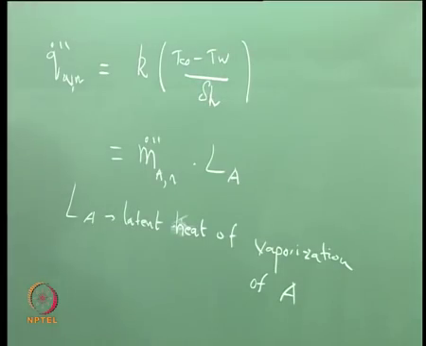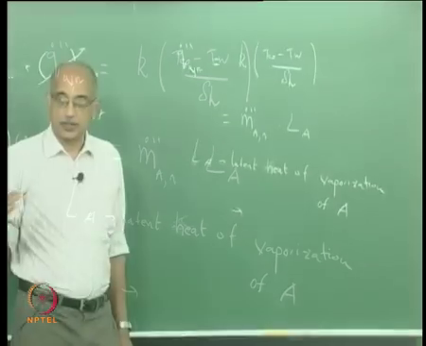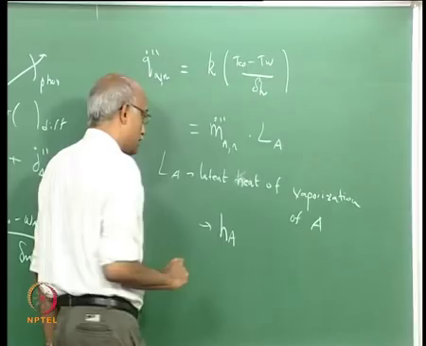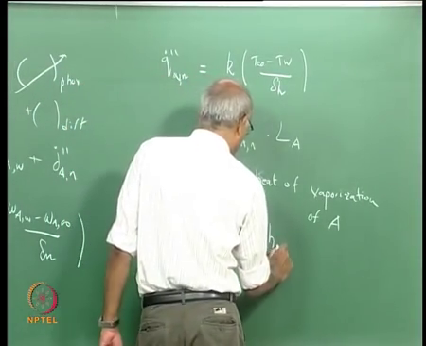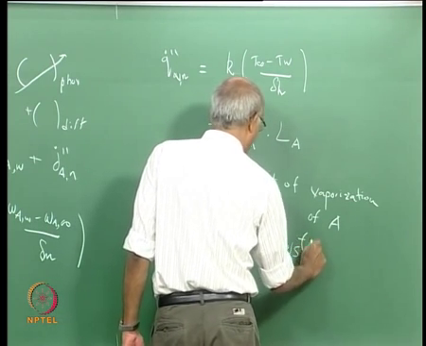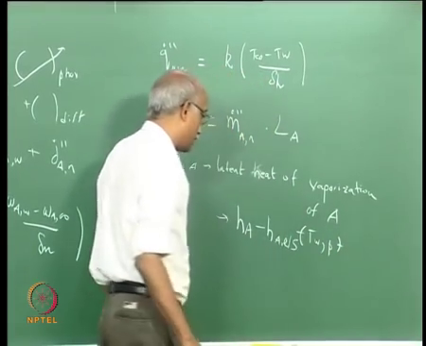Of course, the latent heat of vaporization itself is the difference in the enthalpies, H A in the vapor phase minus H A in the solid or liquid phase at T W and pressure.